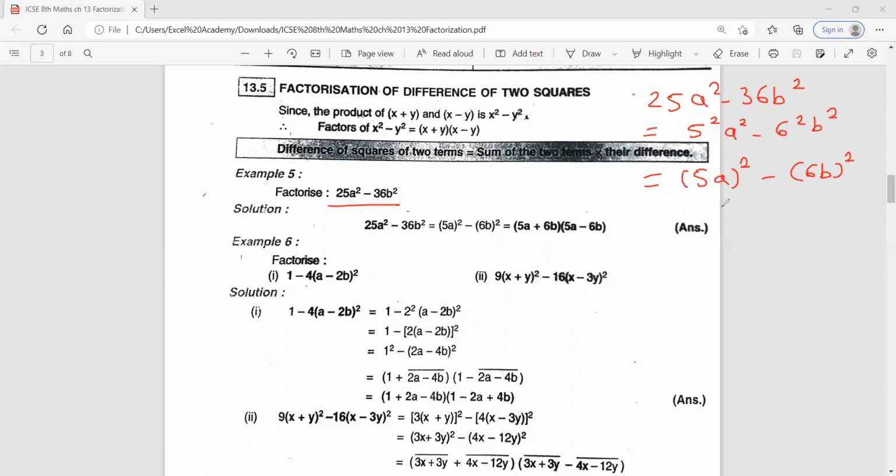Yes, why not? So is it not x square minus y square? Yes, it is. So what is x for us? 5a. And what is y for us? 6b. So it is 5a plus 6b in one bracket and 5a minus 6b in another bracket. Is this clear? समजतंय? सोपं आहे?